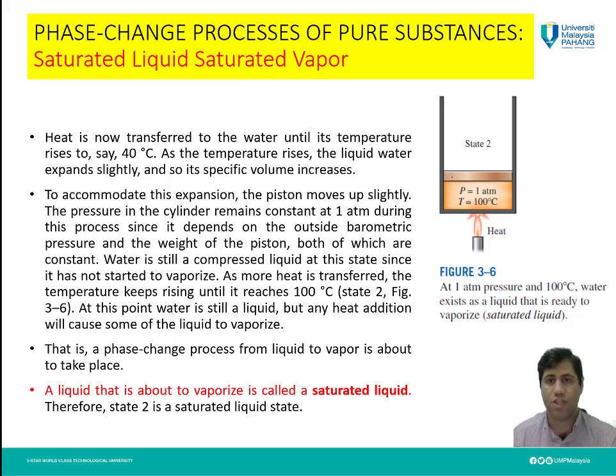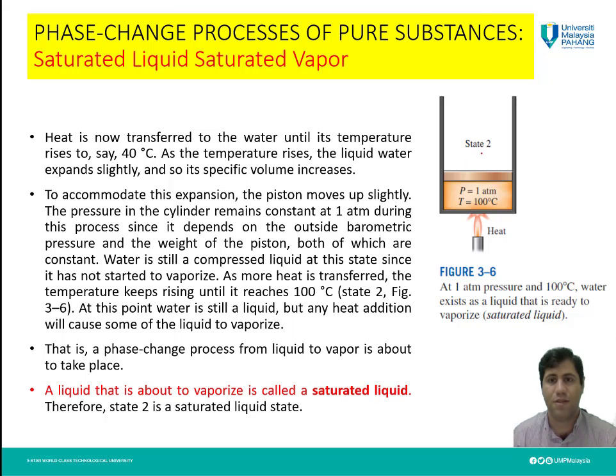When the volume is changed, if the position of this piston was fixed, because the volume is going to change but it cannot change, then the pressure will increase. But here, because the pressure is constant, because the volume can increase without any resistance, then pressure will be constant.